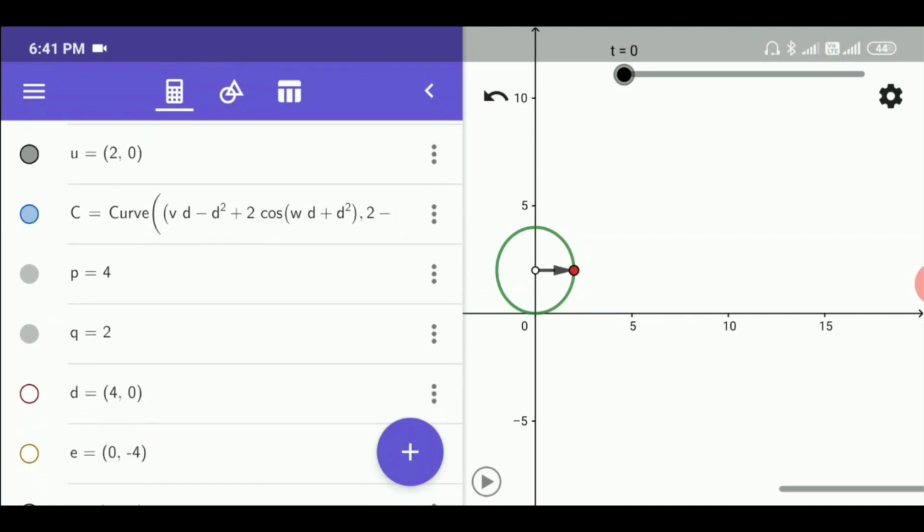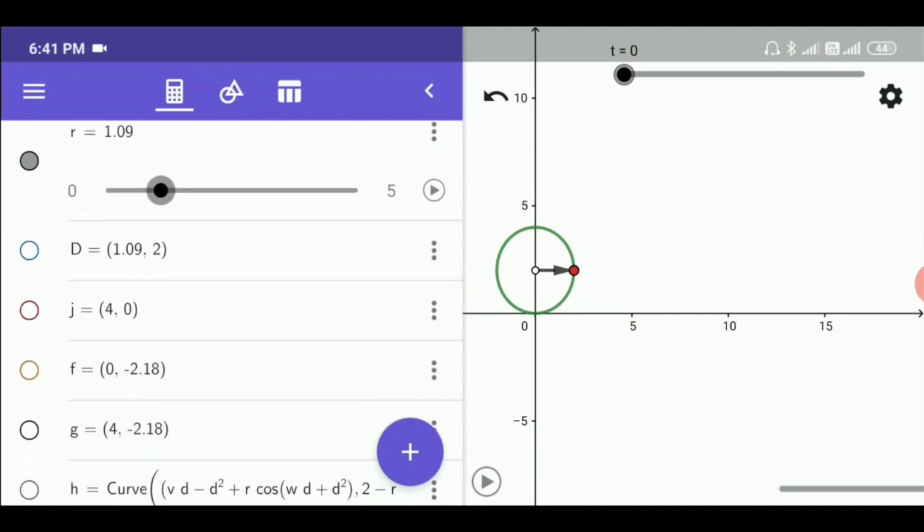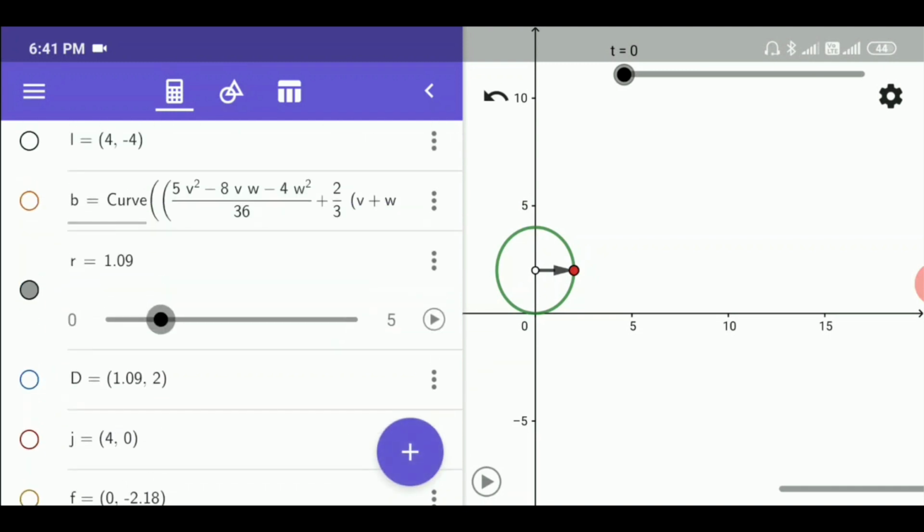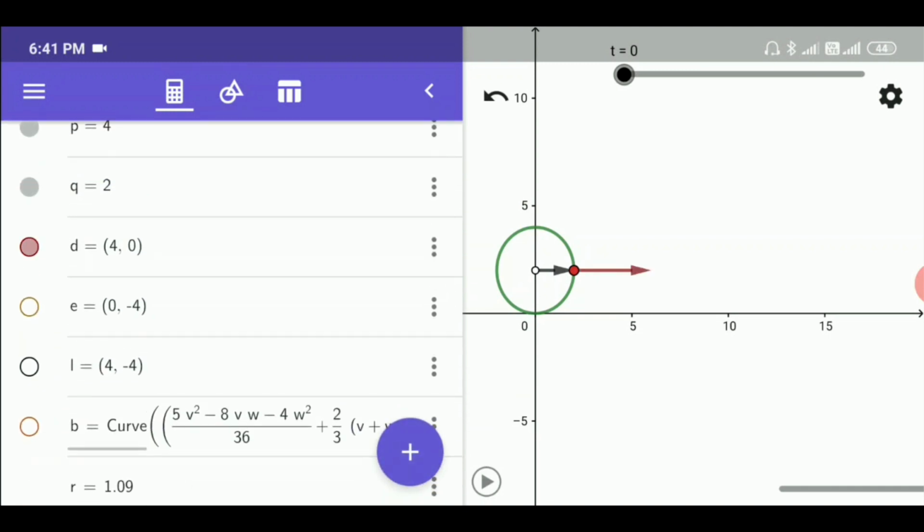We will bring here a maroon vector, which represents the velocity of the center of mass, that is the VCM vector.